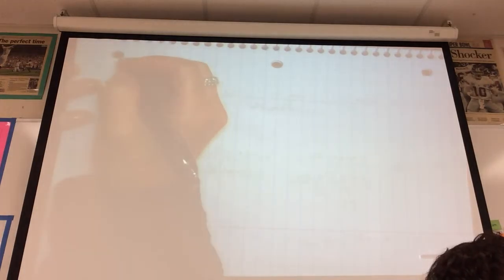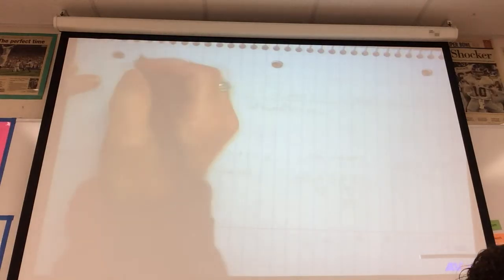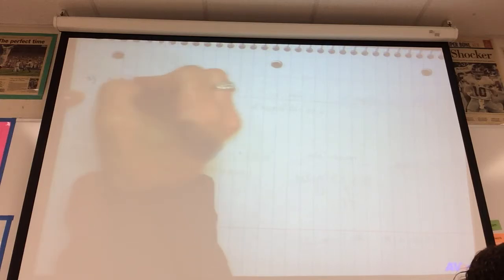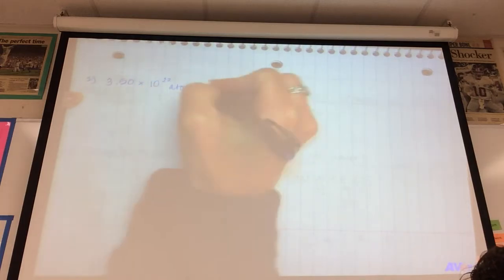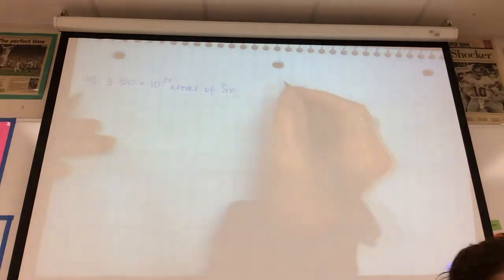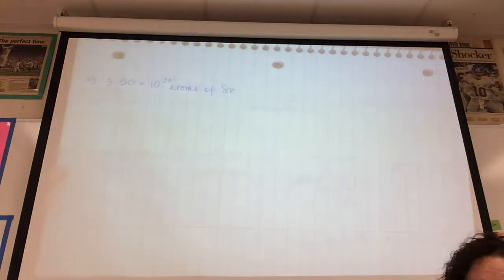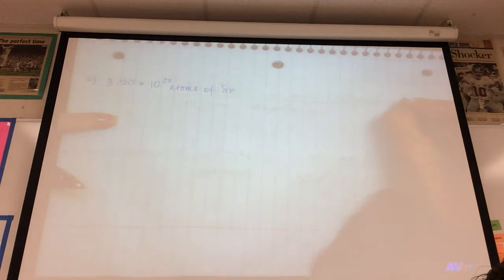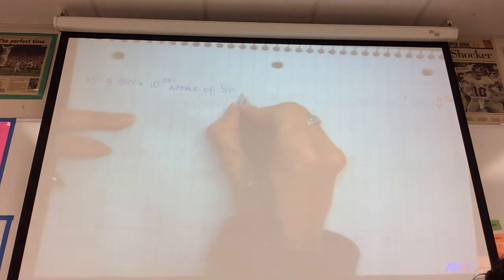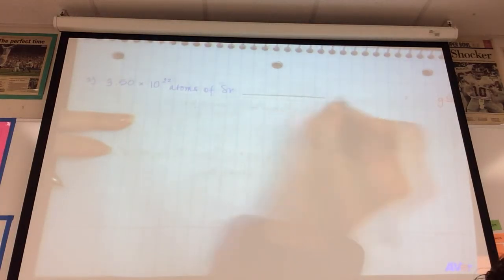So in this problem, we're given 3.5 times 10 to the 22nd atoms of strontium. And we want to get to the mass in grams. We're not given or asked for moles. This is going to be a multi-step problem. It's going to be 2 steps.